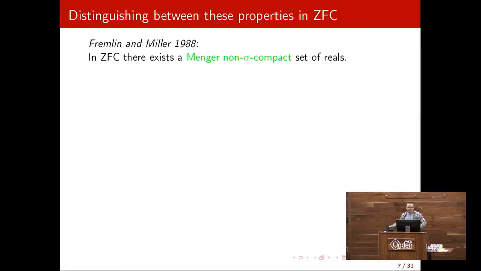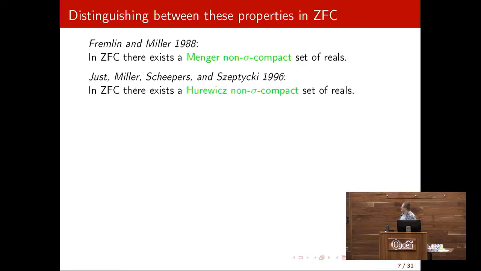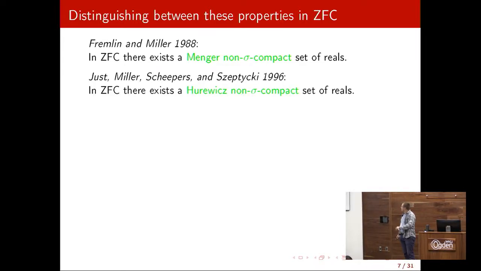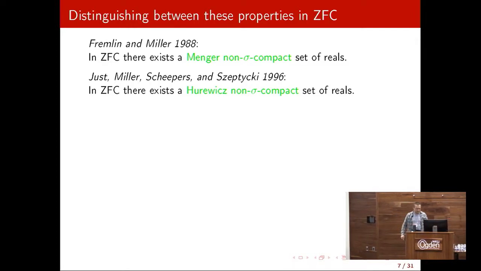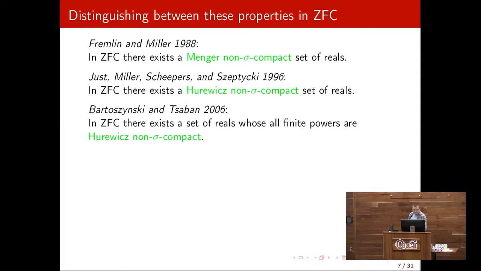Now, actually, all of these properties, like sigma compact, Hurewicz, and Menger, can be distinguished in a strong sense outright in ZFC. So Fremlin and Miller in '88 proved that there are Menger non-sigma compact sets of reals. Then Miller, Tsaban, and Zdomskyy in '96 proved that in ZFC you've got a Hurewicz non-sigma compact set of reals.